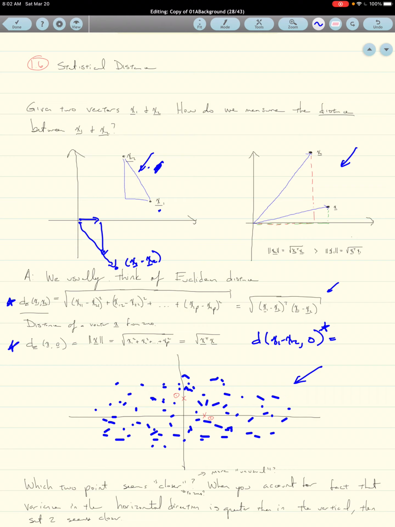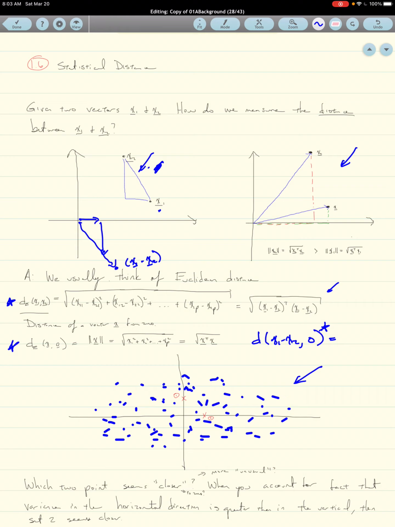Okay, but that Euclidean distance doesn't take into account the cloud of points. So given that we think of this cloud of points as data, let me pose the question a little bit differently. Which of the 2 points seems more unusual?